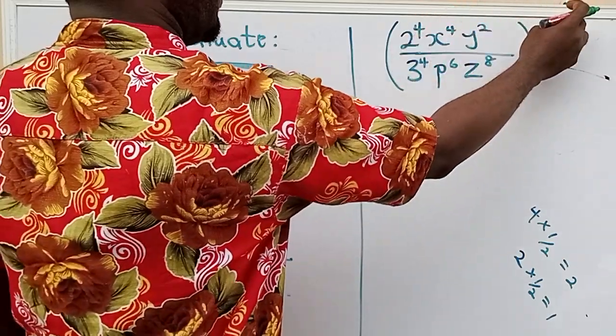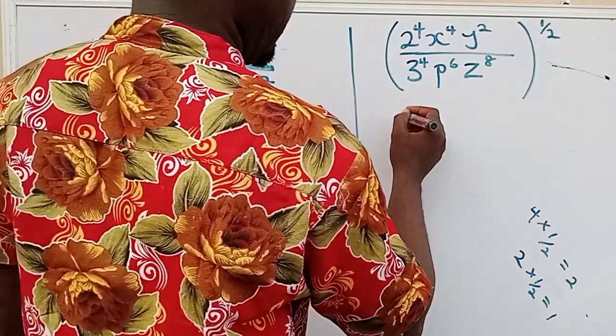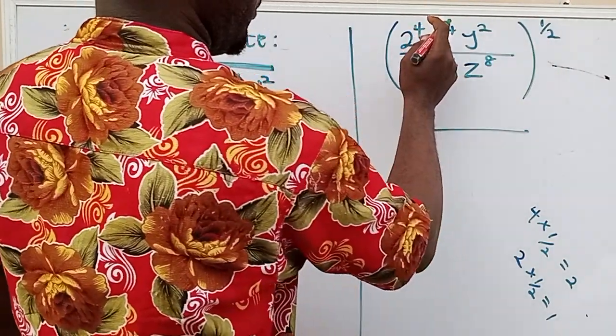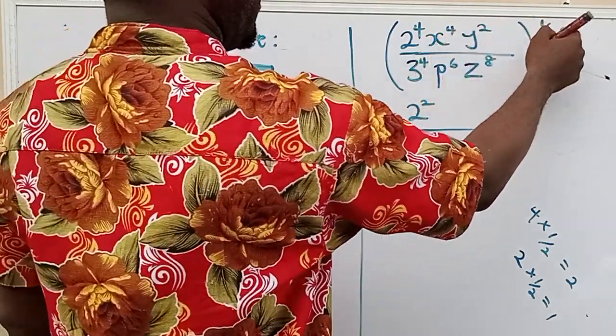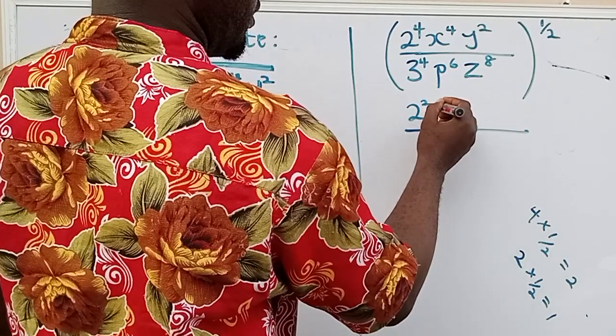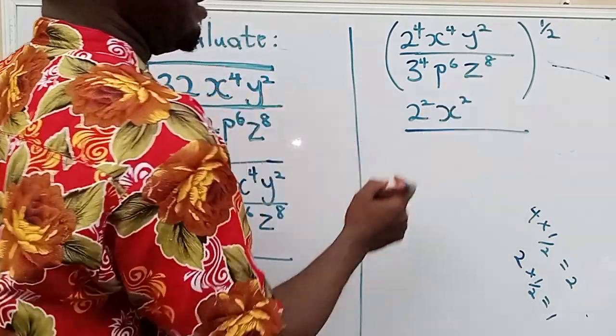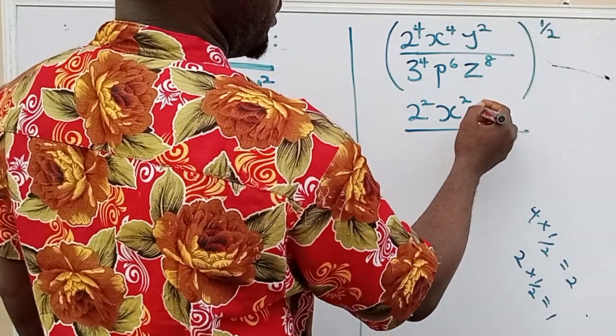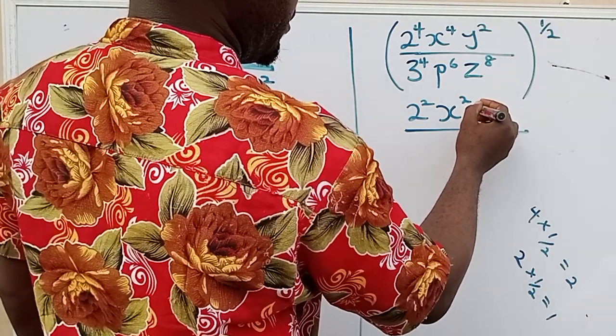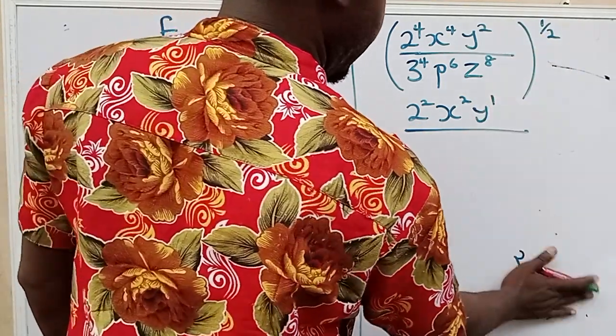The power of 4 multiplied by 1 over 2 is going to give me 2 raised to power 2. The power of 4 multiplied by 1 over 2 is going to give me s raised to power 2. And the power of 2 multiplied by the power of 1 over 2 is going to give me what? It's going to give me y raised to power 1.